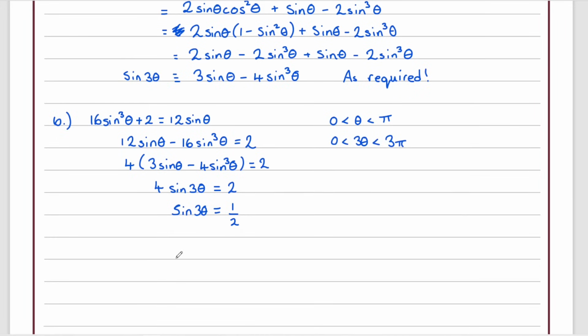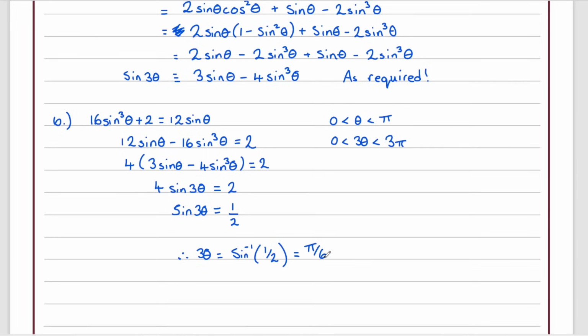So we get left with 3 theta, which is equal to sine inverse of a half, or arc sine of a half, whichever you prefer to write. Now, clearly we're working in radians here, so just ensure that your calculator is in radians mode rather than degrees mode. Put this into your calculator and what you should find is we get pi over 6.